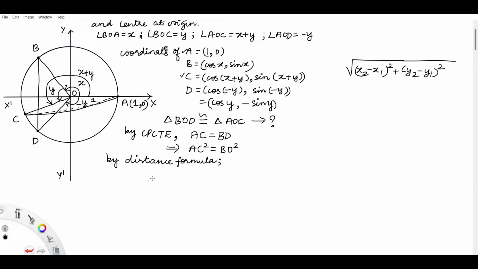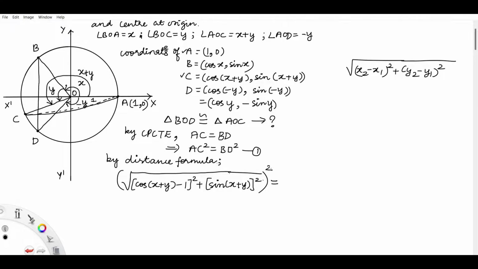So using the distance formula, AC is going to be root of cos of x plus y minus 1 the whole square plus sine of x plus y minus 0 the whole square. I am going to ignore that minus 0. So this is the distance of AC, but we have squared this, right? AC square is going to be this.